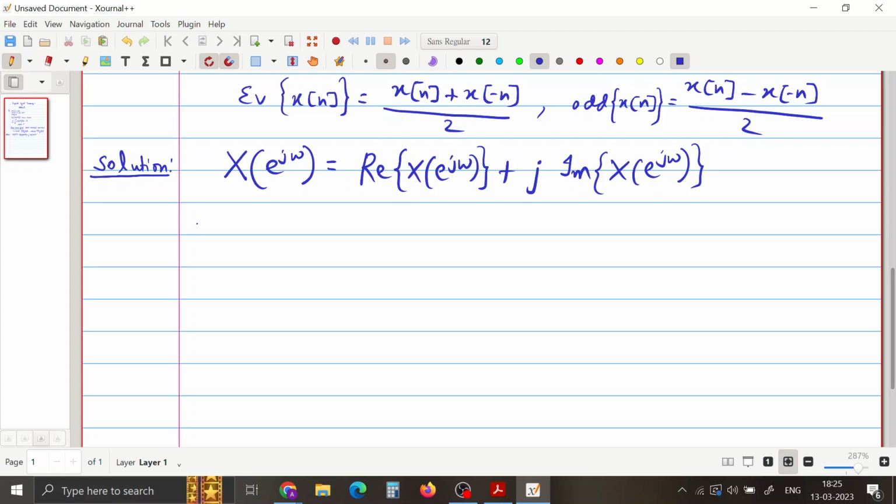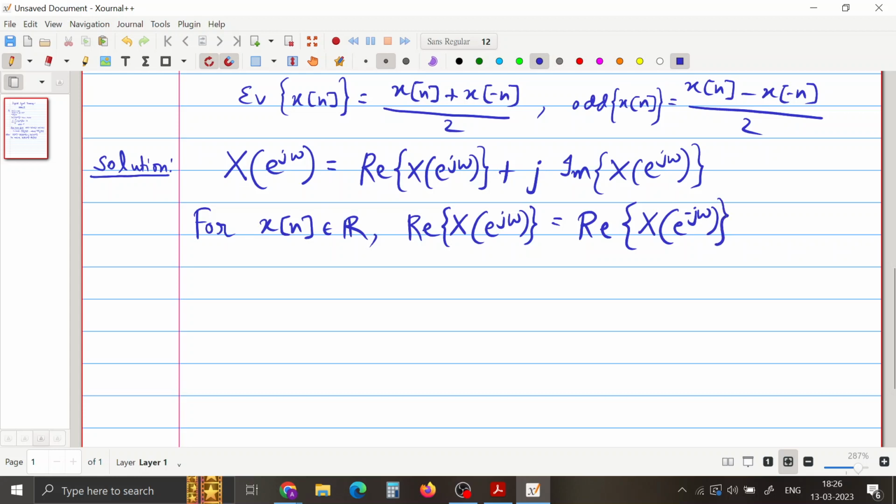And now from our discussion, while discussing the complex conjugation property of the Z transform, we saw that for real x of n, the real part of the Fourier transform is an even function. So f of minus x is the same as f of x whenever f is an even function. I'm just writing that condition.